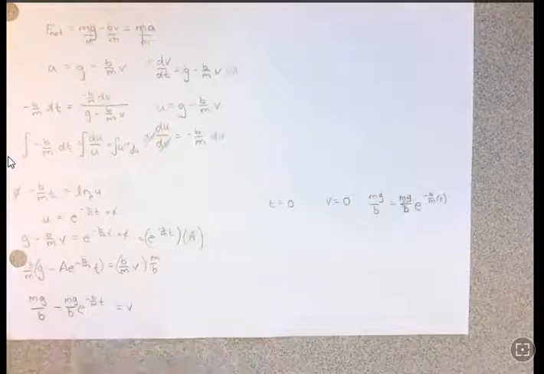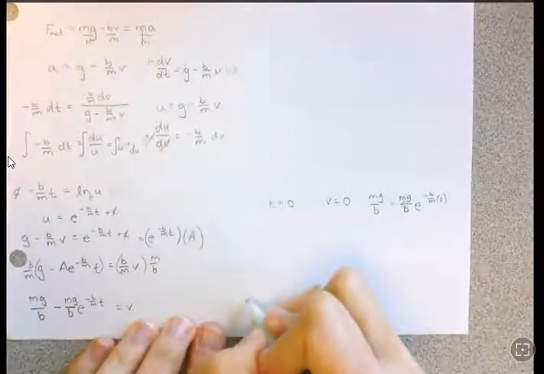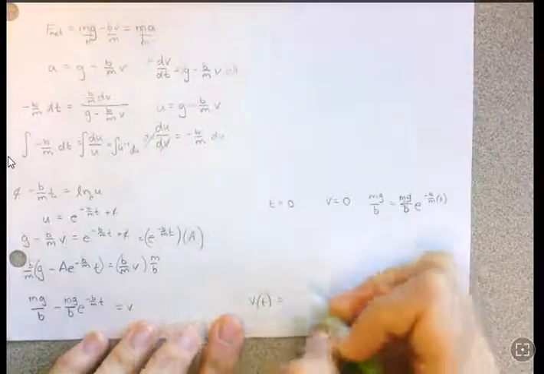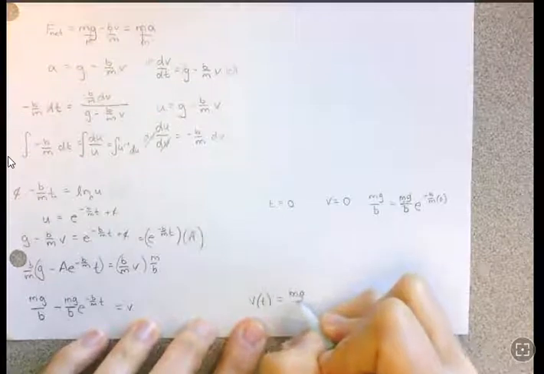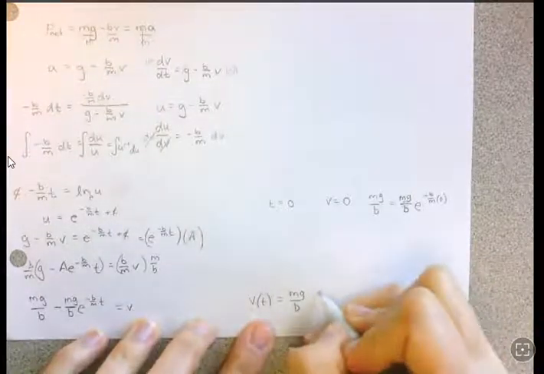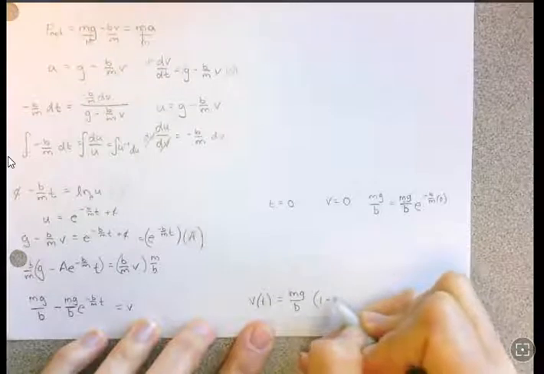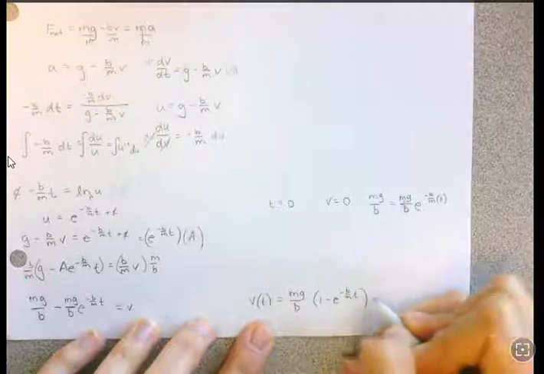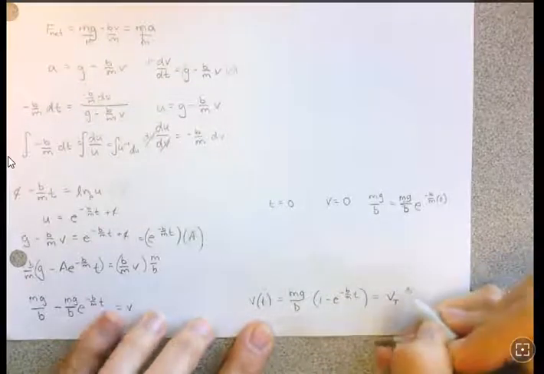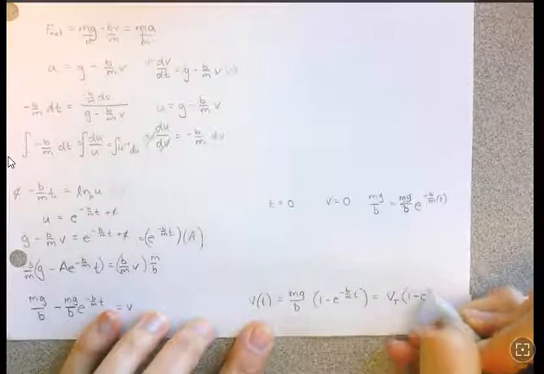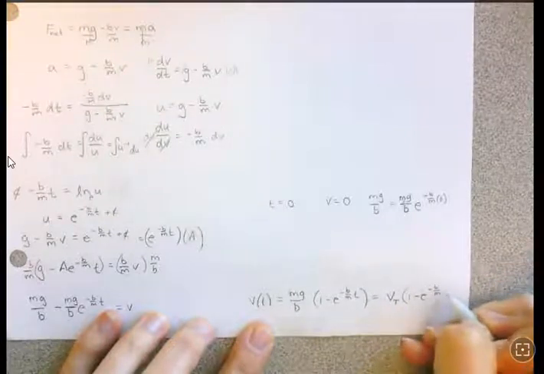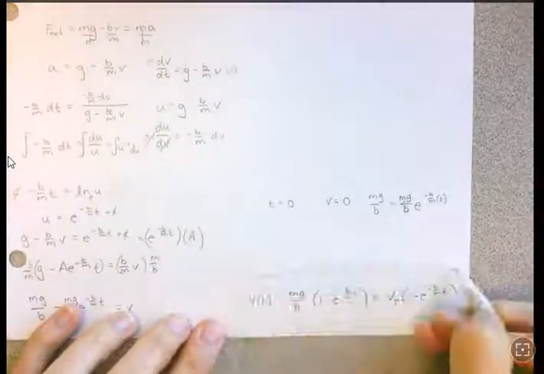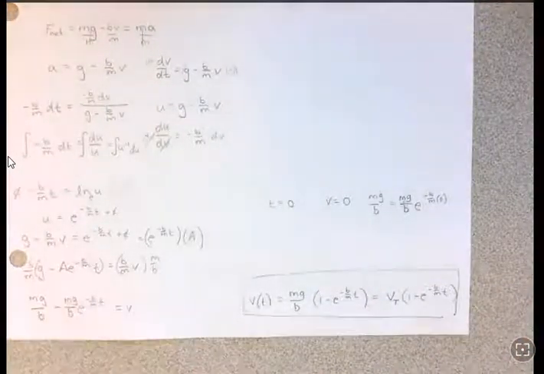Looks good so far. We have velocity as a function of time equals, pull out a common factor of mg over b, 1 minus e to the negative b over m t, also known as our terminal velocity, and the beautiful flipped exponential decay that we saw when we fitted the equation to the graph directly.